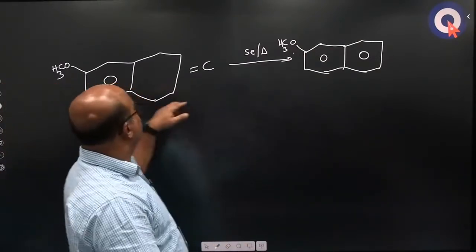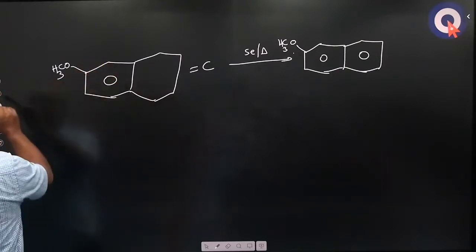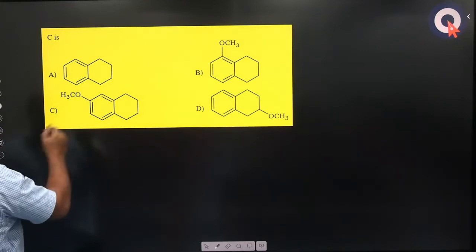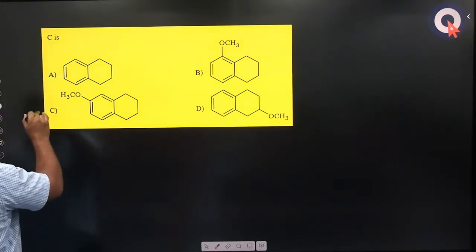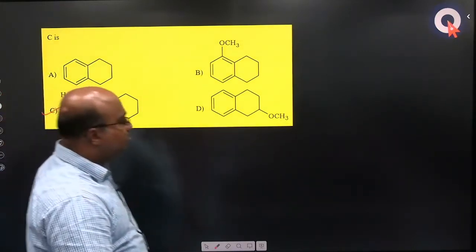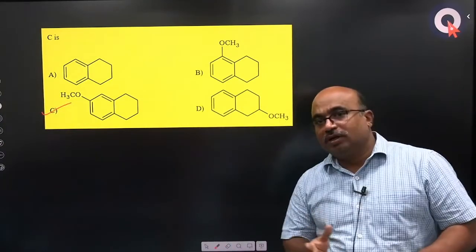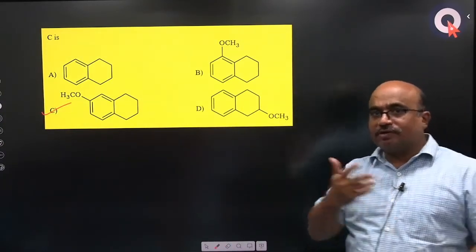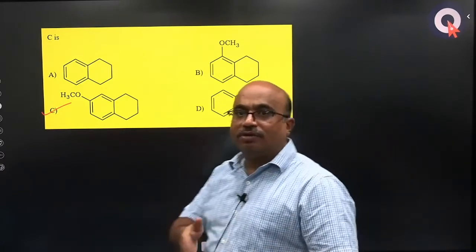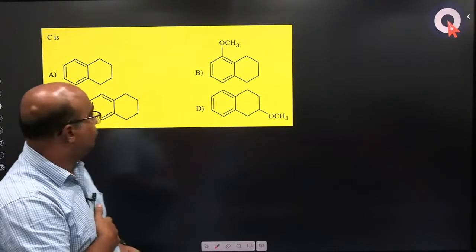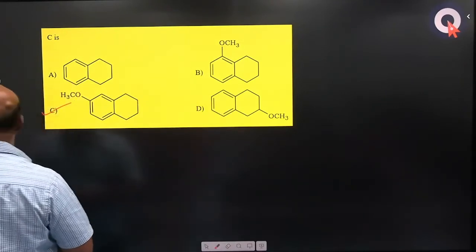So this is our C, with a COCH3 group. So this is directly the C option again. Okay, so this is the chain of processes we use to convert into that. Clear?